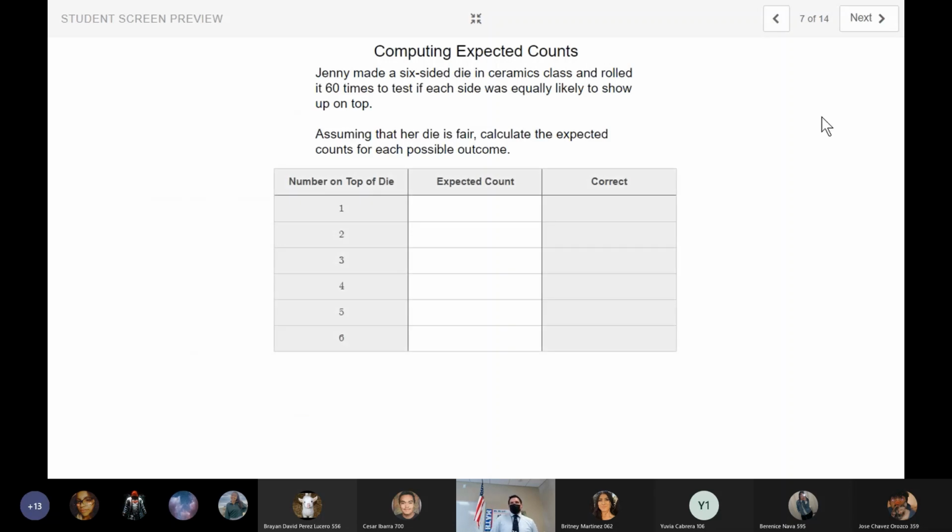We're computing expected counts. We have our context here. Jenny made a 6-sided die in ceramics class and rolled it 60 times to test if each side was equally likely to show up on top. Assuming that her die is fair, calculate the expected counts for each possible outcome. Right, so we can have the number on top be 1, 2, 3, 4, 5, or 6. What is the expected count for each value?